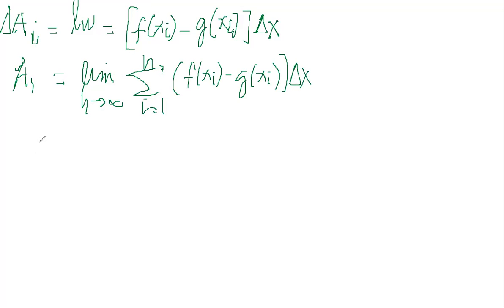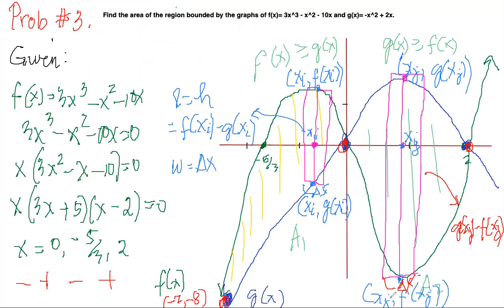Okay, so let's now convert this to integral notation. We have the integral of f of x minus g of x with respect to x. Our lower and upper limits are from -2 to 0.